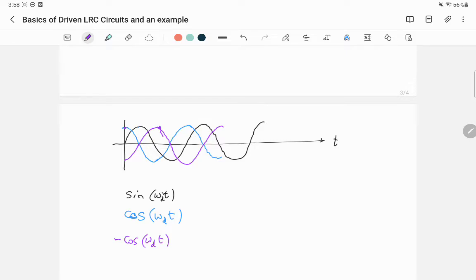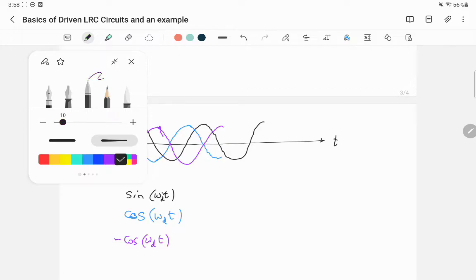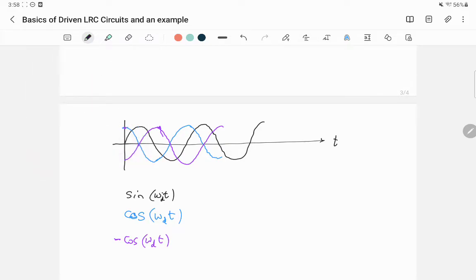Here's what I think is really important to say, and some of you may get this, some of you may not. What does it mean to lag?